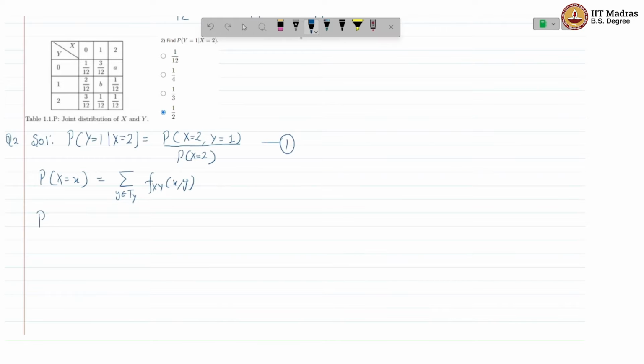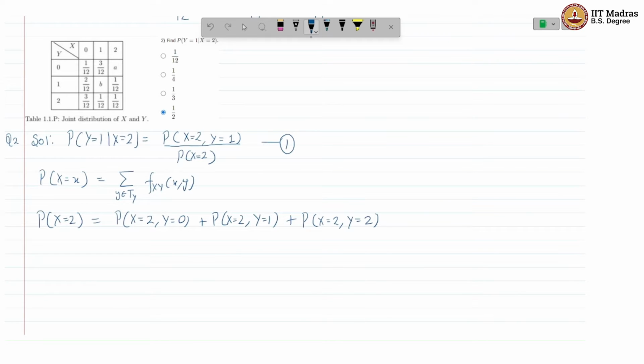So marginal x is equal to 2 will be equal to the sum of probabilities of all possible xy pairs where x is equal to 2 and y takes different values. So this will be equal to probability x is equal to 2 and y is equal to 0, plus probability x is equal to 2 and y is equal to 1, plus probability x is equal to 2 and y is equal to 2.